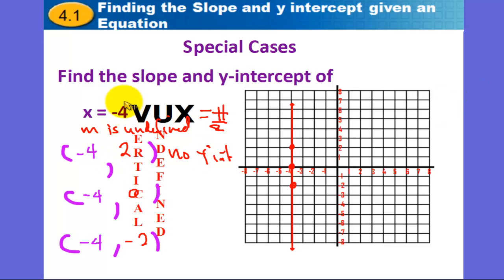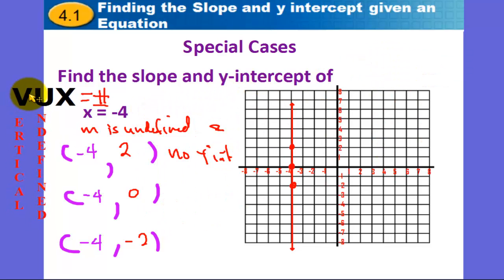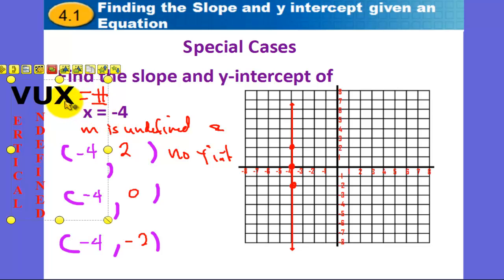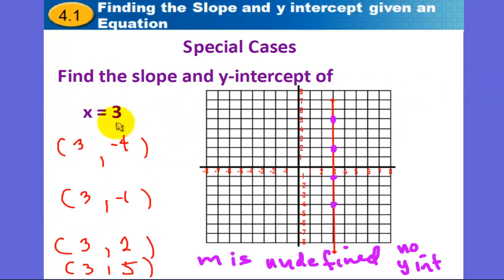Let's try to go back to all of our examples. This is a vertical line. I have undefined slope and the equation is x equal to a number. In this case, x equals -4. With this example, again, I have a vertical line. The slope is undefined and the equation is x equal to a number. In this case, x equals 3.